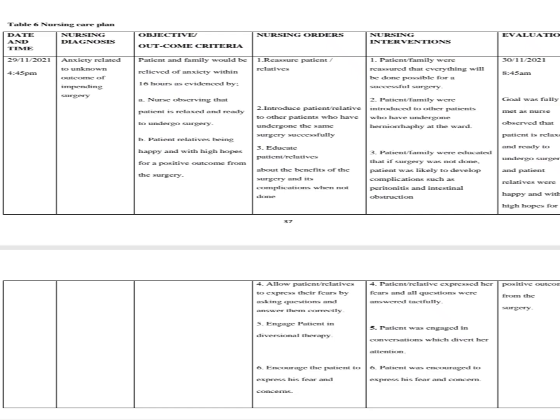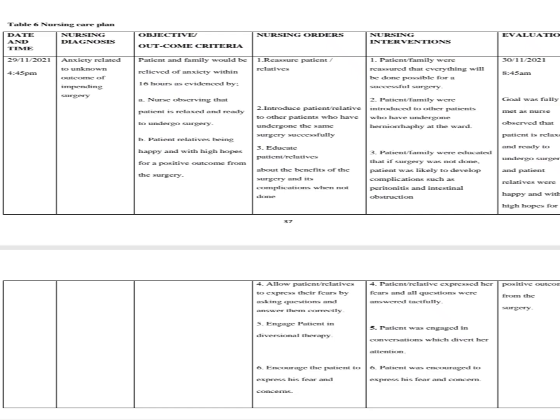So as evidenced by one, the nurse observing that patient is relieved or relaxed and ready to undergo the surgery, then patient or relative being happy and with high hope for a positive outcome of the surgical procedure.